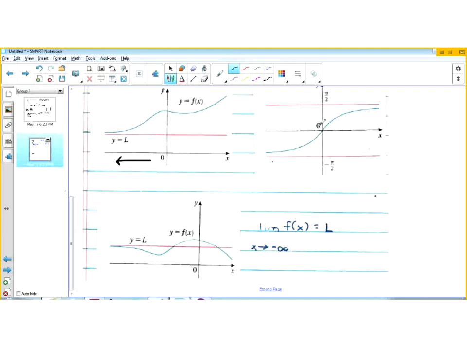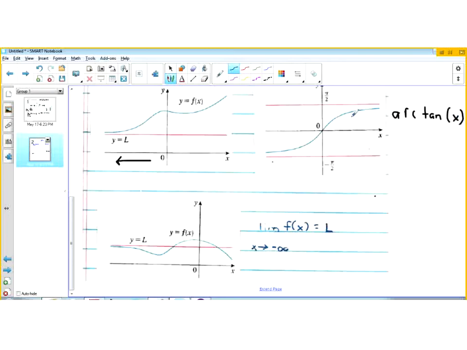Look at the second example. In this case, this function exhibits an infinite limit as well as a negative infinity limit. So there are two horizontal asymptotes of this function. And this happens to be the graph of the arctan function, a very important function that we'll work with quite a bit.